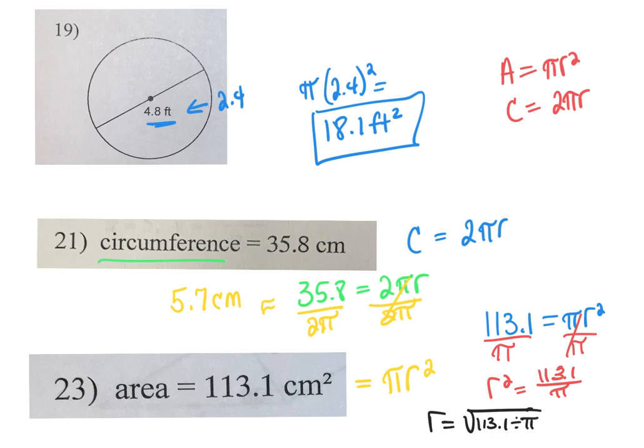What are they asking for in your instructions for number 23? Find the diameter. So what do I have to do to that number? Once I find that, double it, okay? So the diameter is going to equal 2 times whatever you find here. In this case, it ends up being 12 centimeters rounded to the nearest tenth, because it actually rounds out to 12.